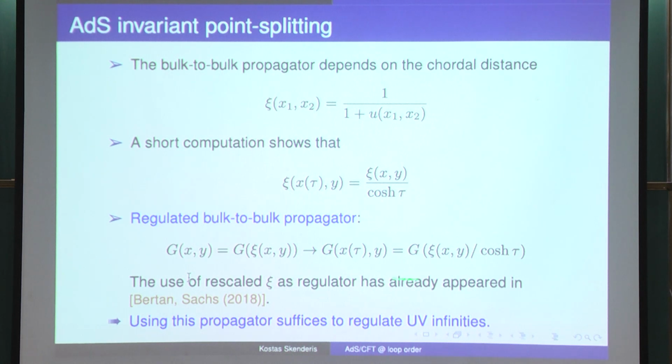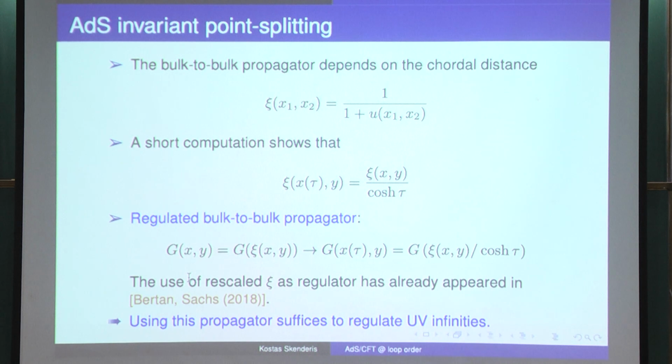And actually, this regulator has already appeared in 2018 in that paper. In that paper, they just did it in a sort of ad hoc fashion. They say, just rescale psi by some factor, and then use that factor as a regulator. But here we understand exactly what it means. We just do a kind of geodesic point splitting. And then further analysis using some of the stuff you will see in the next few slides shows it disappears.